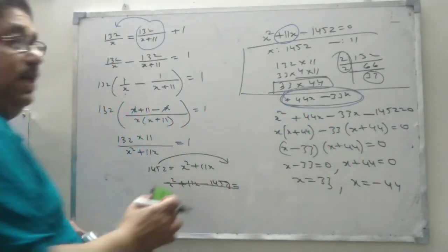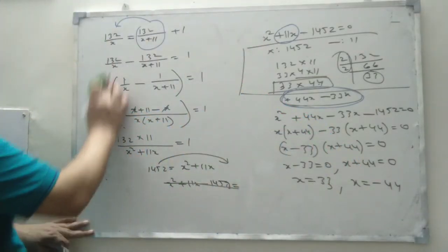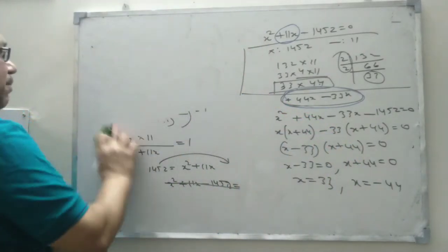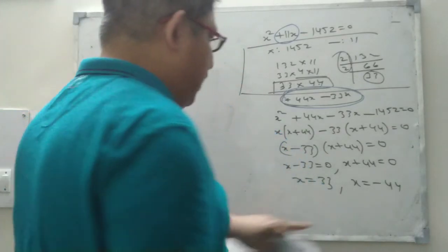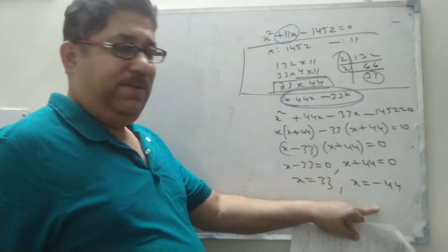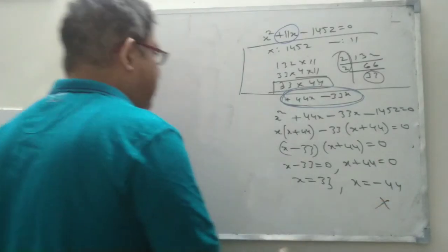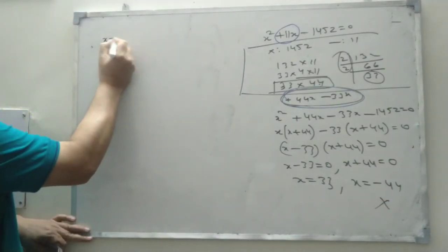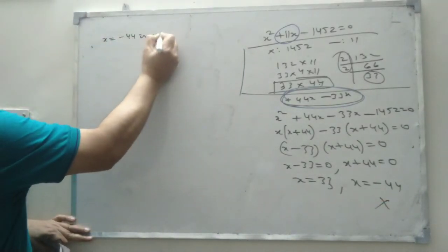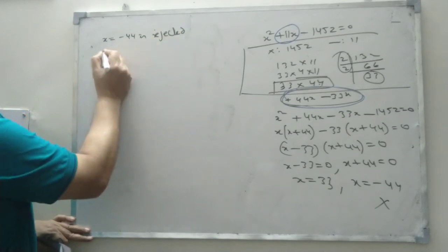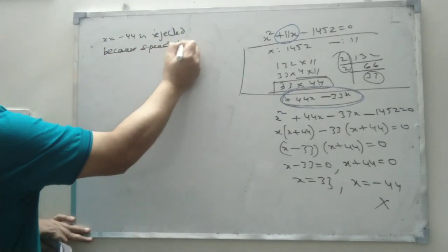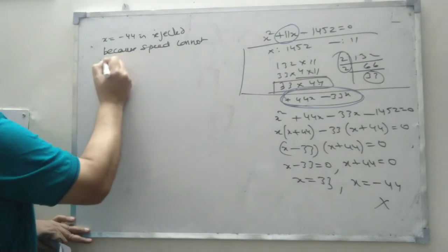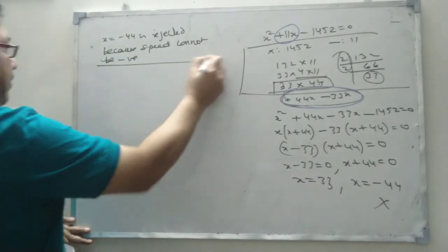Now what was x? x was the speed of the train. Can the speed of the train be negative? No, you can't have. Speed of the train cannot be negative. So obviously x equal to minus 44 is rejected because speed cannot be negative.